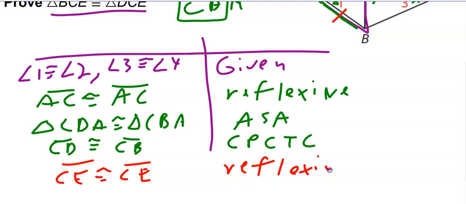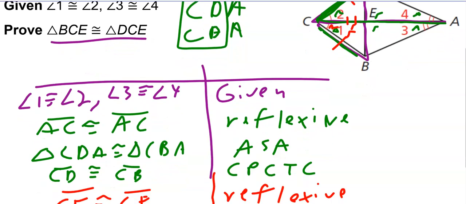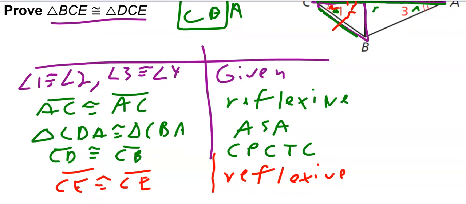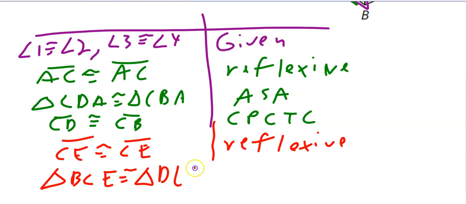And then look what we have here. We have side, angle, side. And we can prove that BCE is congruent to triangle DCE by side, angle, side.